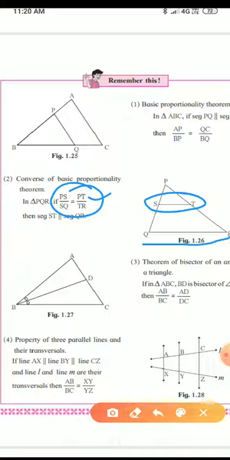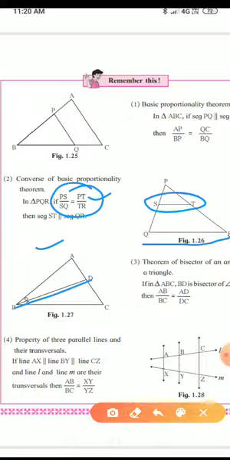Then the second theorem was the angle bisector theorem, or theorem of bisector of an angle. According to this theorem, suppose in this diagram in triangle ABC, ray BD is the angle bisector.